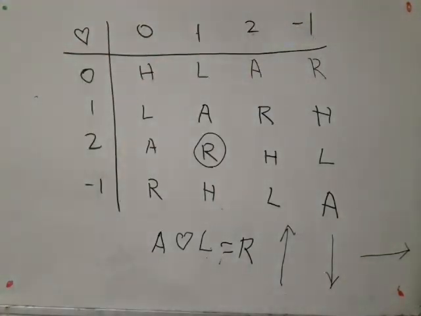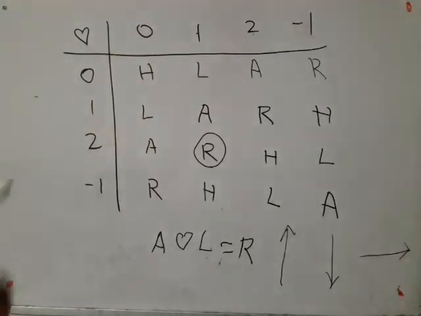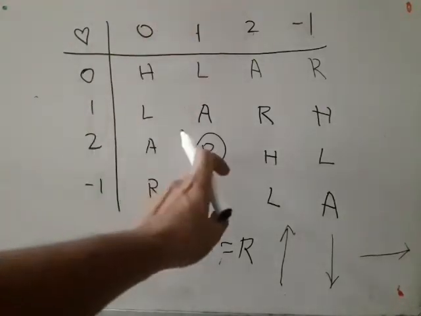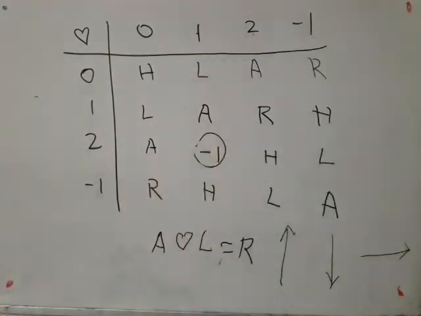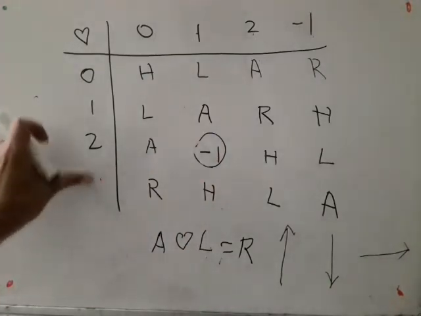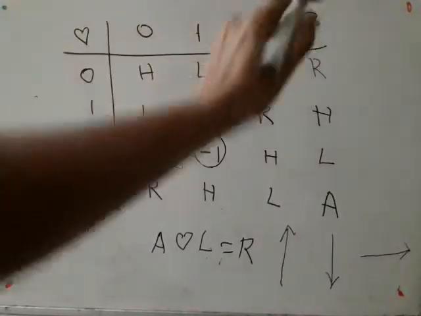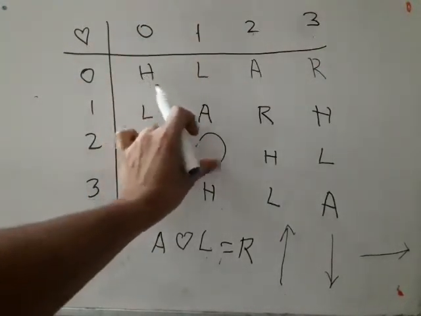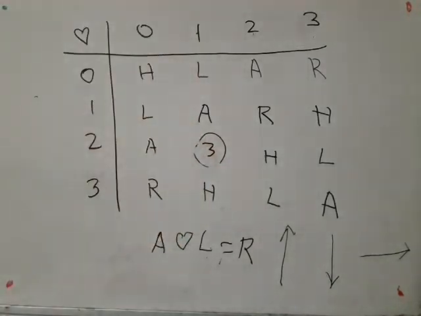In that case, this operation may be done mathematically in the following way. Suppose 2 plus 1 makes R, which is 2 plus 1 is 3. How come that becomes -1? The operation is simply that you are doing things modulo 4. And it will help if instead of -1 you consider this as 3. That will be better. So now it is 1 plus 2 is equal to 3.